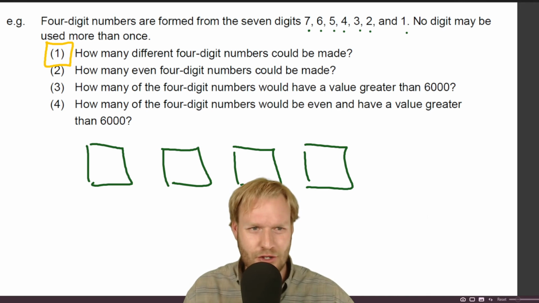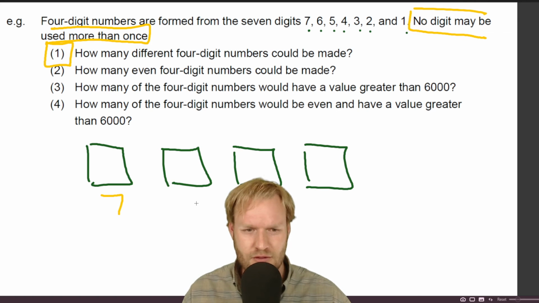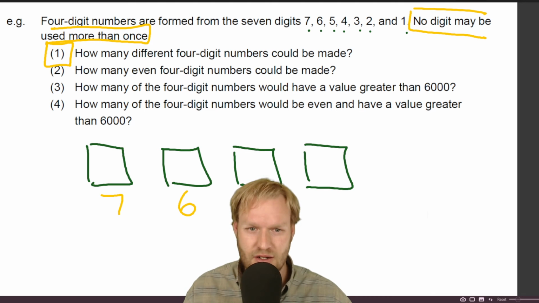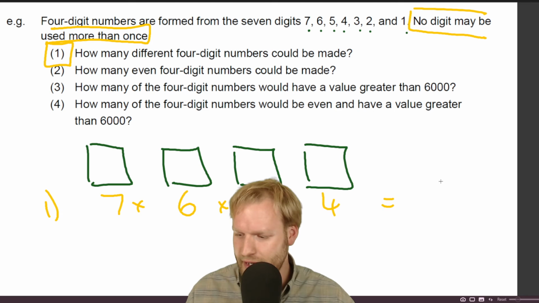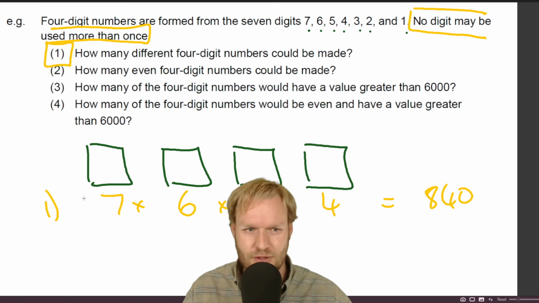Now, remember that no digit can be used more than once. So we can use any of the 7 for the first one. But then for the second digit, we can only choose from 6 because we've used one of them up already. 5 for the third one and 4 for the fourth one. So therefore, for part 1, we can just multiply those together and I get 840.